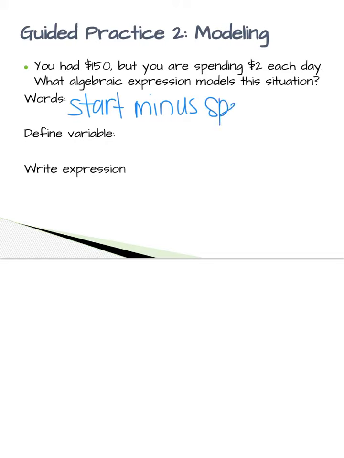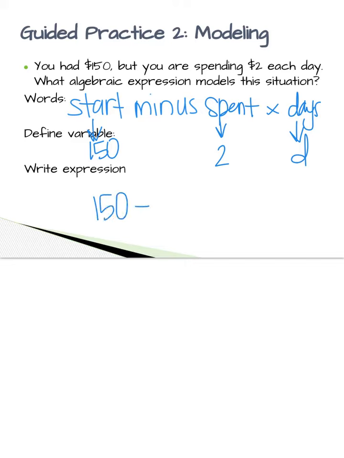So we'll say spent times days. Well, I start with 150. I spend 2, and I don't know the number of days, so I'm going to say D. So my expression is going to be 150 minus 2D.